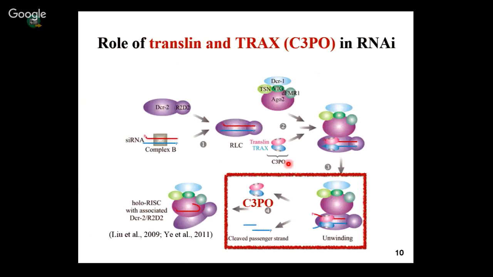In RNA interference, this complex will help the unwinding of the siRNA duplex and remove the passenger strand. Then the precursor RISC will become mature.